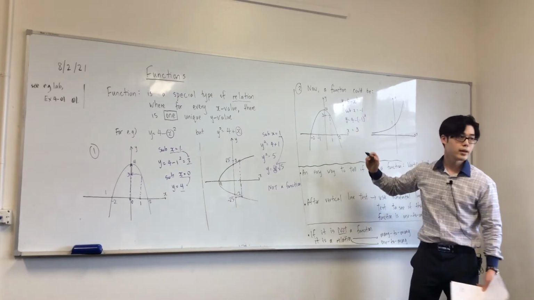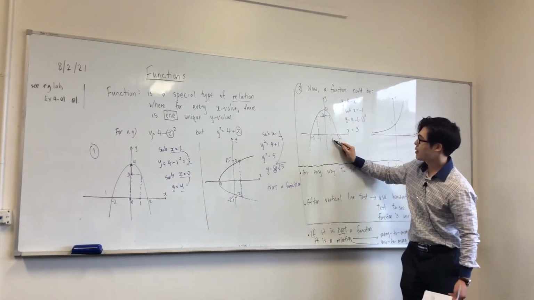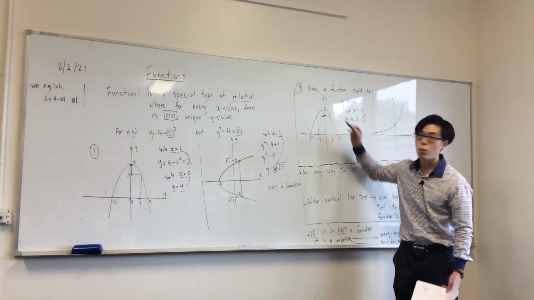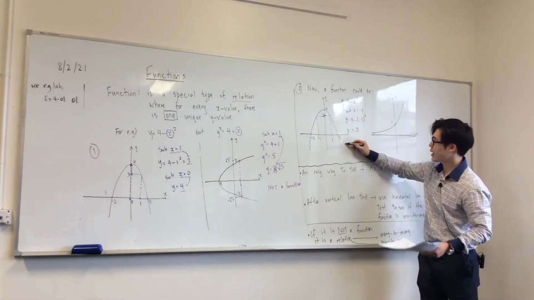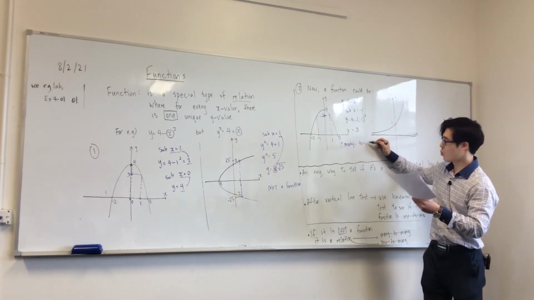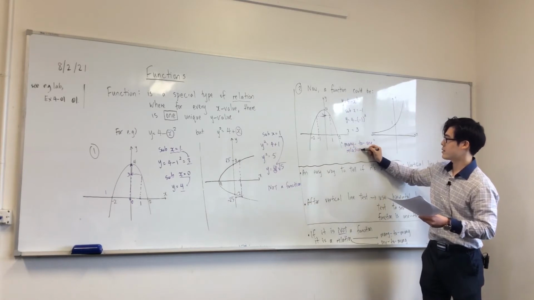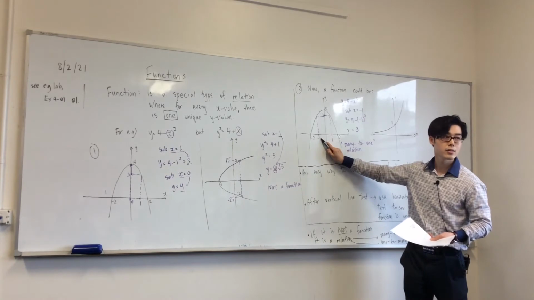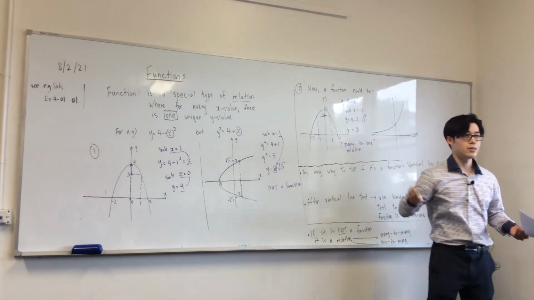That's still 3, right? So can you see that these 2 x values share the same y value? So this is still a function, but this is what we call a many to one relation. And what that means is, like you can see, you have more than one x value producing one y value of the same value.